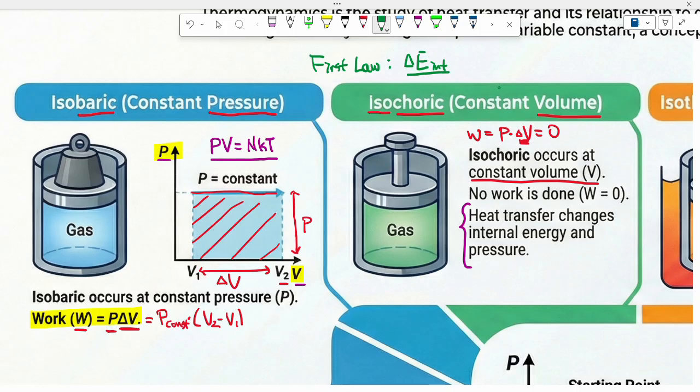It could change by transfer of thermal energy, so Q, net heat transfer into the system. I think so far that is intuitive.